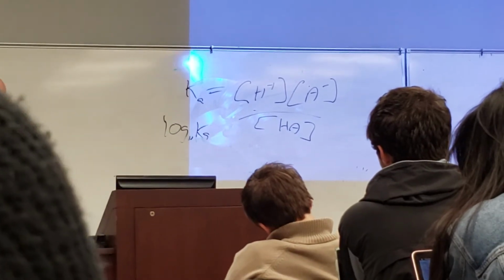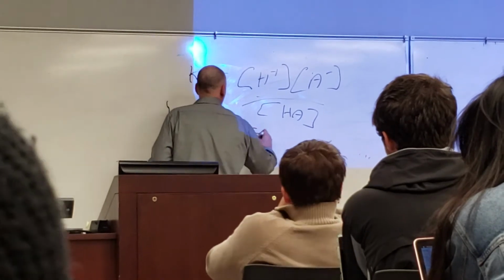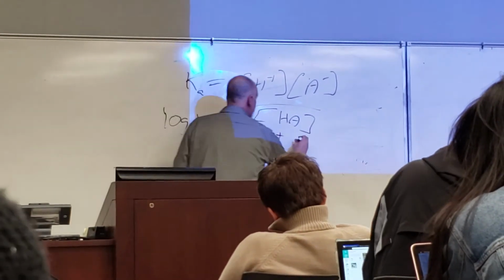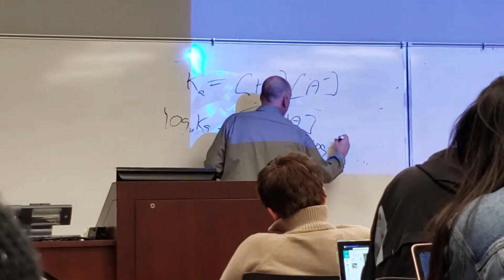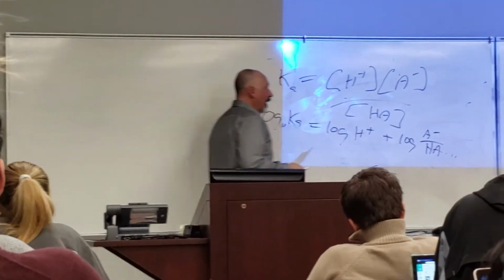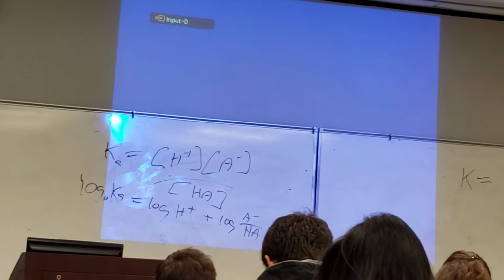I'll draw it once, and then I'm going to omit base 10. But then that equals some log of H plus, log of, let's just say, A minus over HA. I'm going to omit brackets because I'm going to be sick of drawing them after a while.